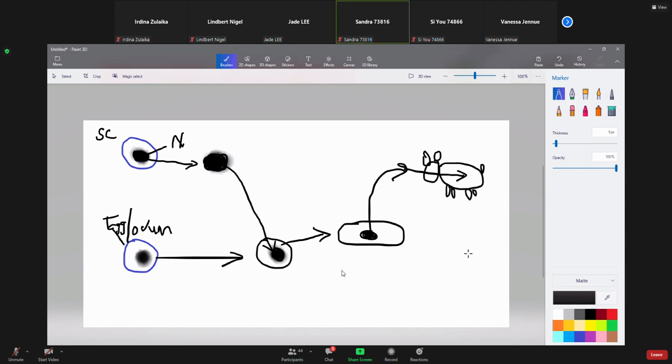Yes. Now, is it possible? Yeah, the nucleus from a somatic cell can create a whole new organism. All right.